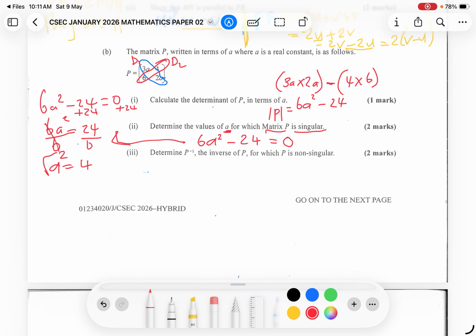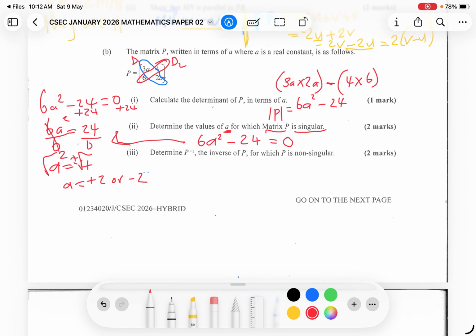Finding the square root of both sides, A is equal to the positive or negative root of 4. So that means A is positive 2 or negative 2. Why is that important? Because if a number is squared to give you positive 4, that number could either be a positive 2 or a negative 2. And those are the two possible solutions of A.